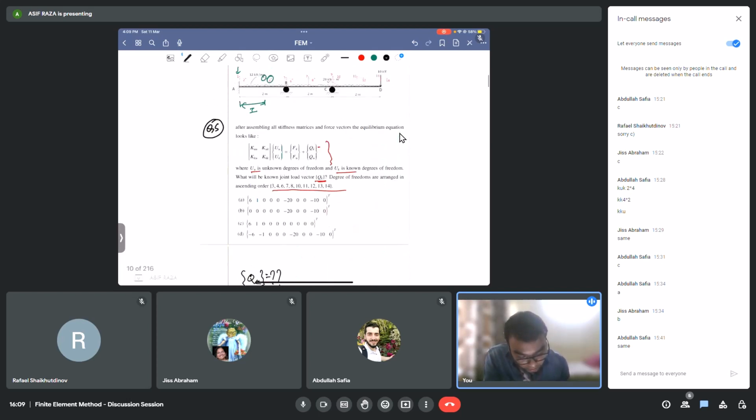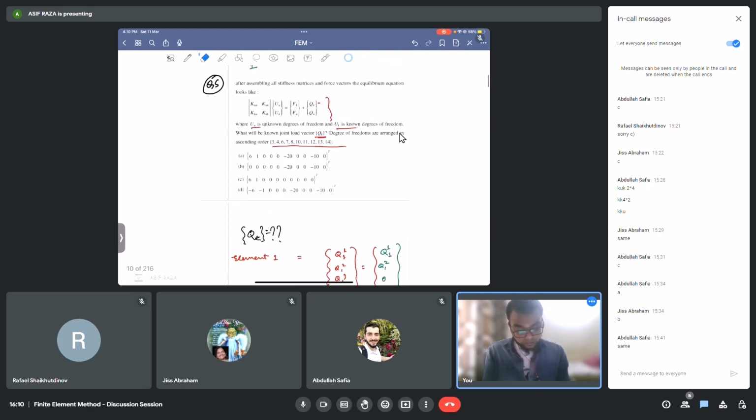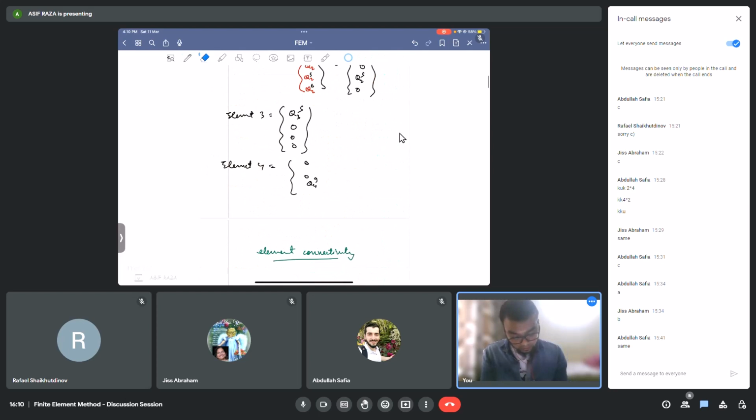And we have 20 kilonewton meter in the anti-clockwise direction, but our positive sign is in the clockwise direction, right? So this will be minus 20 here.